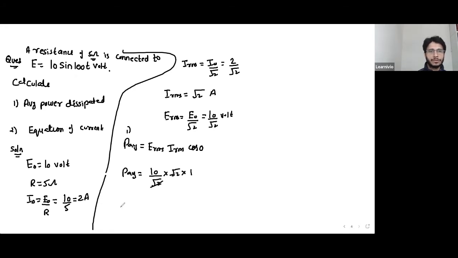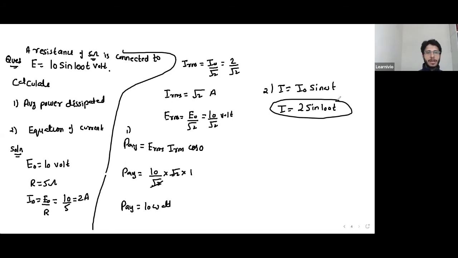Cos 0 is 1, and the root 2s get cancelled. Average power is 10 watt. The equation of current is I naught sine omega t, where I naught is 2, so I is 2 sine 100t.